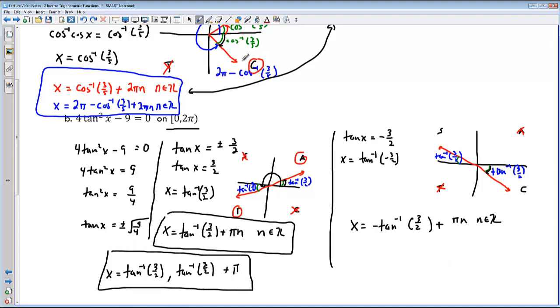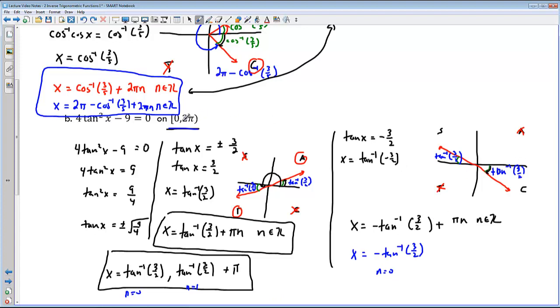Now when we come over here, we made the problem a little bit harder on ourselves because we went down instead of going around like this, but that's okay. So this first one, when n is equal to 0, is actually not a solution. If you let n be equal to 0 here, you're going to get negative tan inverse of 3/2. And that's not a solution because it's not between 0 and 2 pi. You can check this on your calculator, but you can see it's a negative number, and we don't want negative numbers.